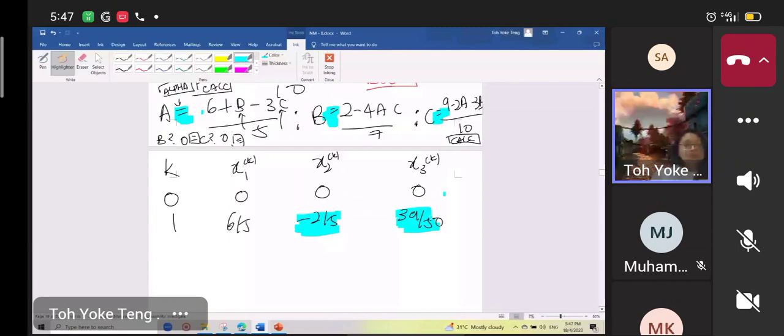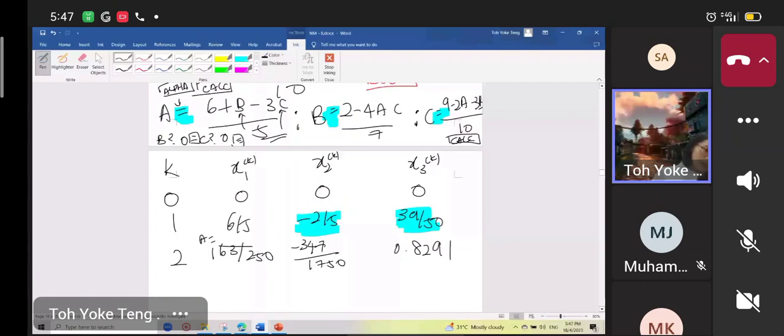Press the equal sign, and then the calculator will show A equals the function as referred to here. The value shown on your screen is 163 over 250. And then press the equal sign again, E as negative 347 over 1710. This one is 0.8291. Okay, so you don't need to insert the value; the calculator stores the value already.